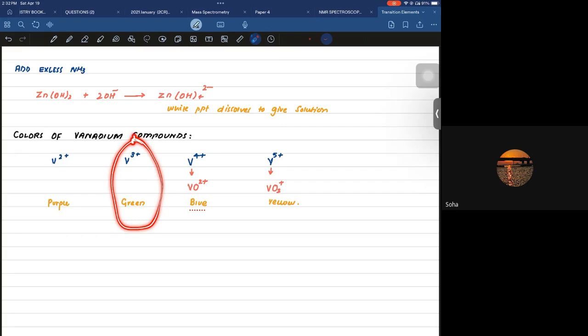Not only this, you will see that nickel is also green when it's 2 plus. And when chromium is plus 3, this is also green. So the metals are different, but the colors are the same.